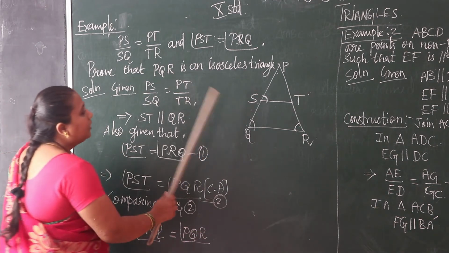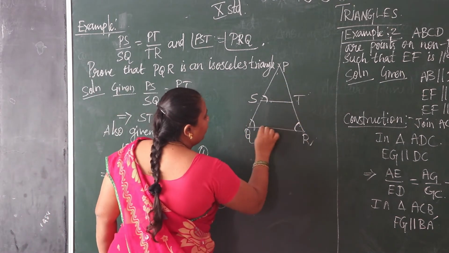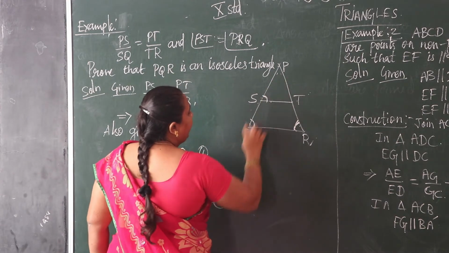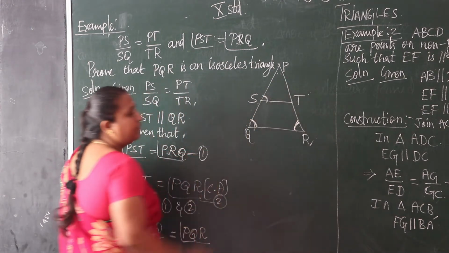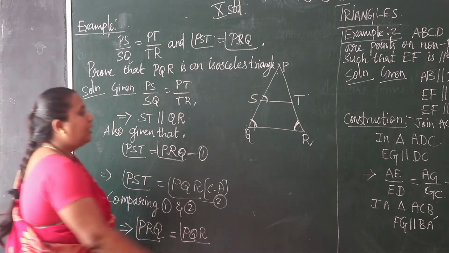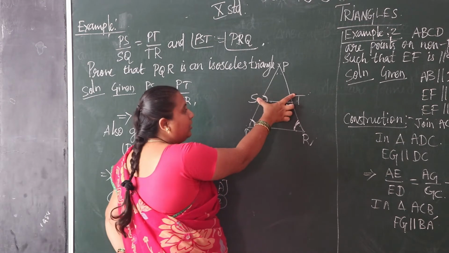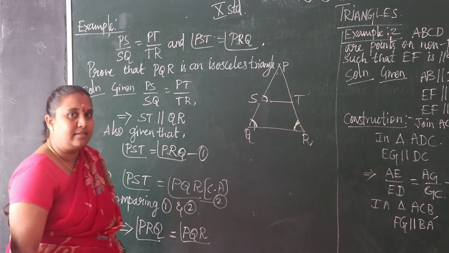Now angle PRQ, this angle, and angle PQR, these two angles are equal, which means the opposite sides are also equal. You read this in your class 9, is it right?